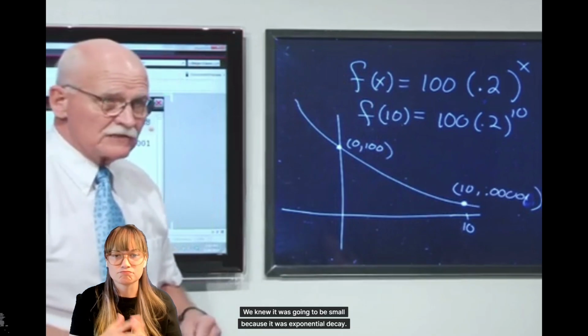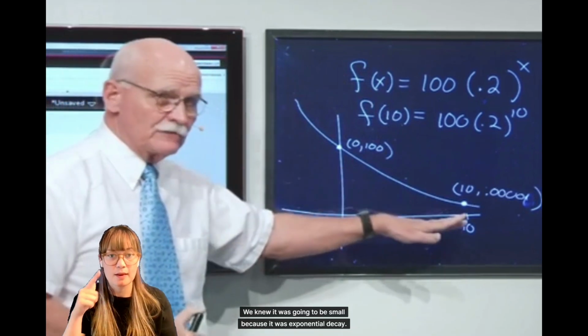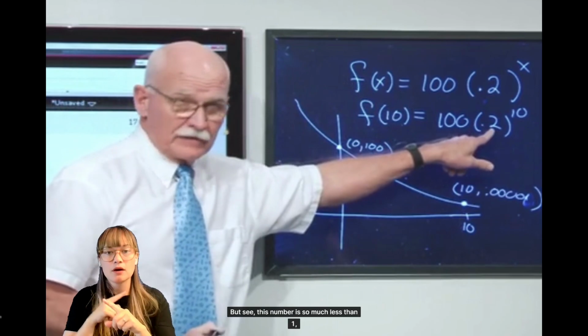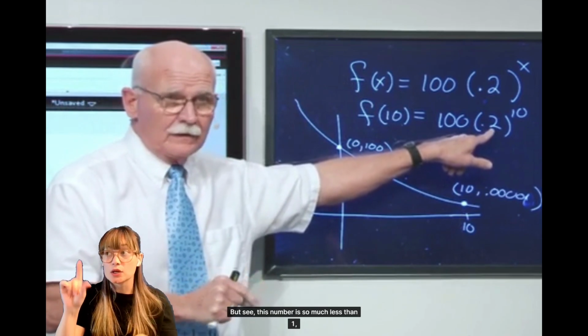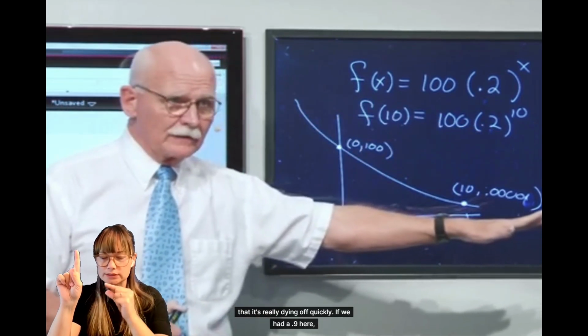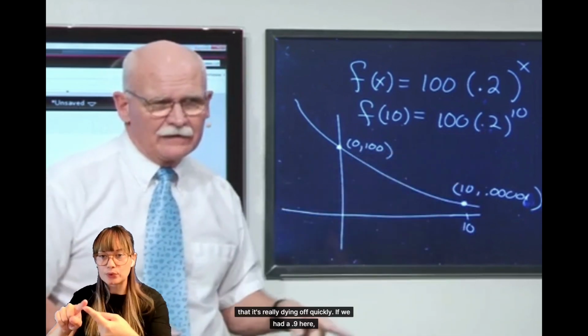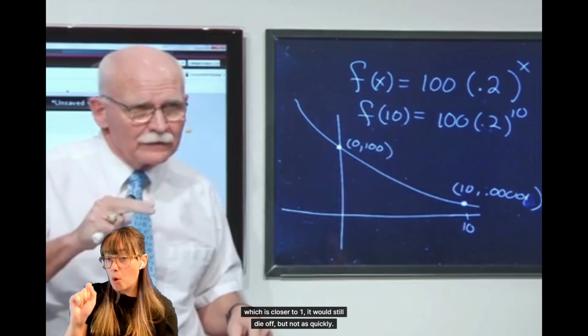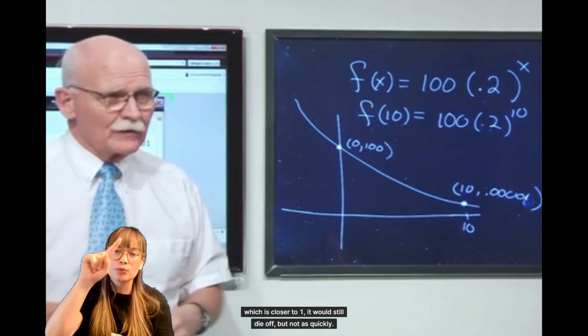Okay, we knew it was going to be small because it was exponential decay, but see, this number is so much less than 1 that it's really dying off quickly. If we had a 0.9 here, which is closer to 1, it would still die off, but not as quickly.